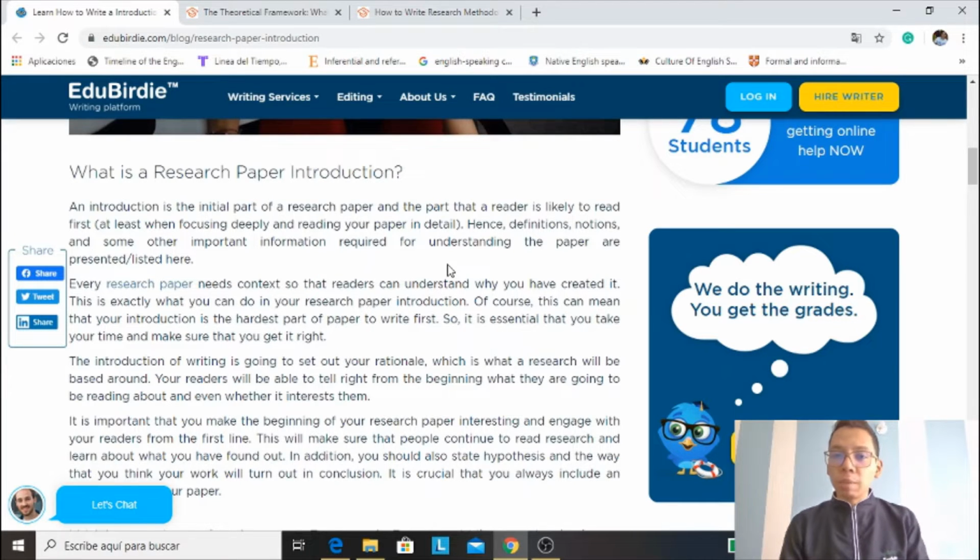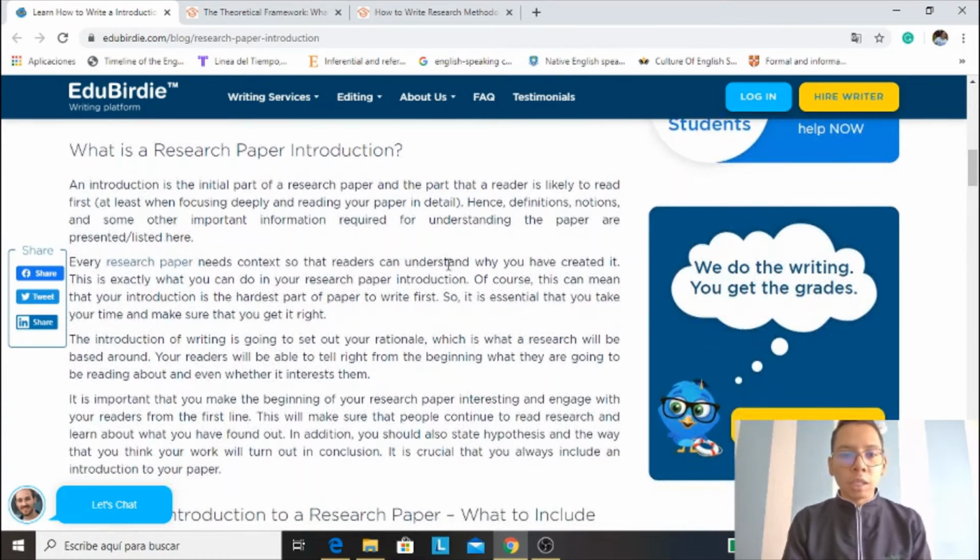Okay, so in the second bimester, I'm gonna teach you how to write an essay, the different types of essays that we can use in an investigation, and because of that, you are going to write the introduction as an essay. Okay, so let's read faster. An introduction is the initial part of a research paper and the part that a reader is likely to read first.